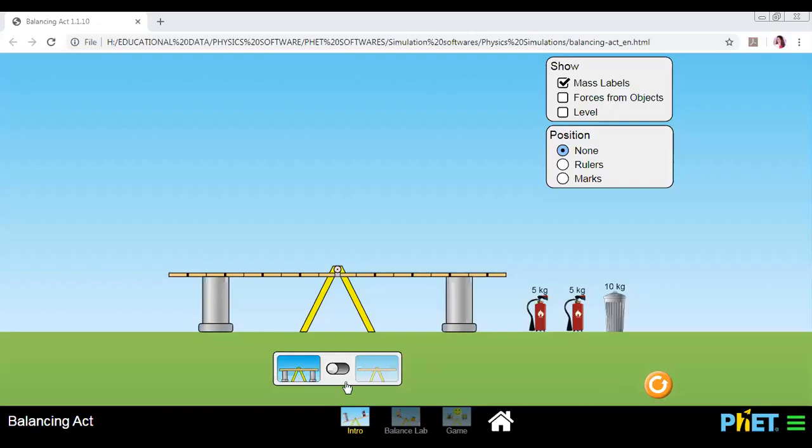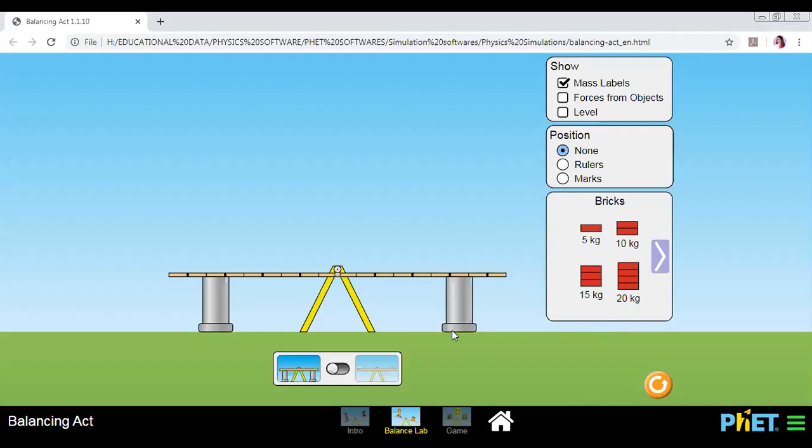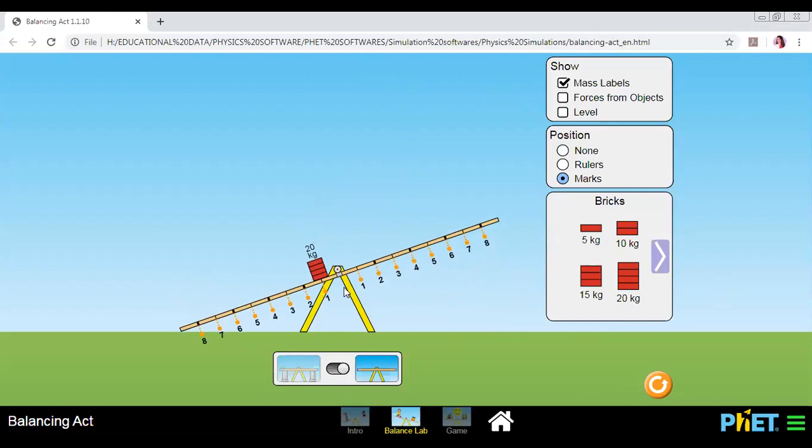Okay, let's come to this topic. Now I have kept a force of 200 Newton, or 20 kg. Now I want it to be lifted by a 5 kg object.